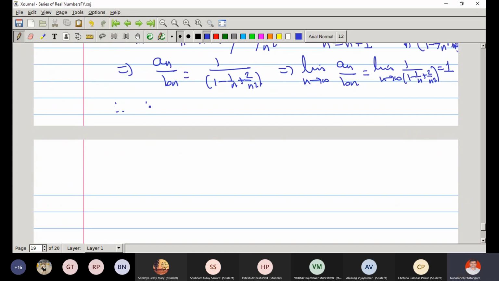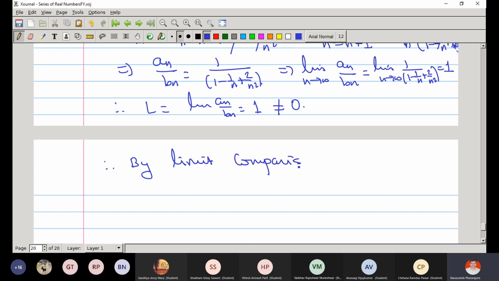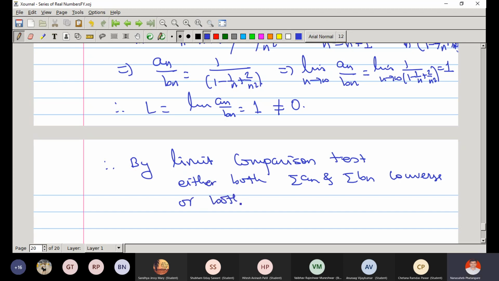Therefore here L, the limit of an upon bn, is 1, which is non-zero. Therefore, by the limit comparison test, either both an and bn converge or both diverge. If you know the convergence of one of them, the same holds for the other.